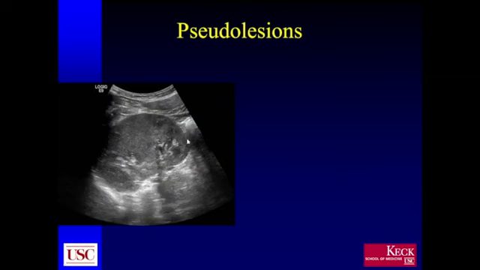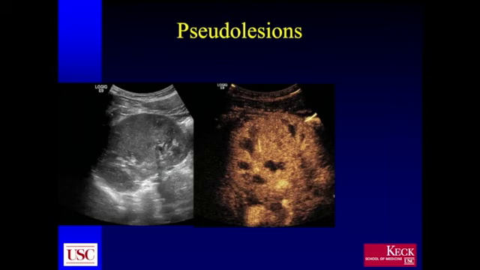Here you can see in this grayscale image, this large mass-like area in the central part of the kidney. We were certainly not comfortable with blowing this off as a column of Bertin, and we were concerned that this could represent malignancy.